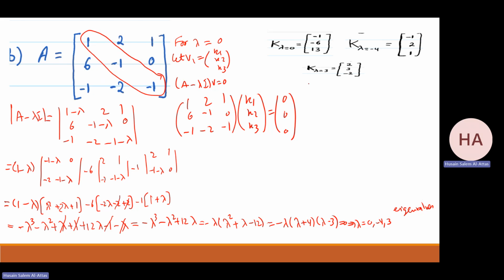I need Gaussian elimination. Yeah, I think we'll do it. So I have what? 1, 2, 1, 0, 6 minus 1, 0, 0, minus 1, minus 2, minus 1, 0.